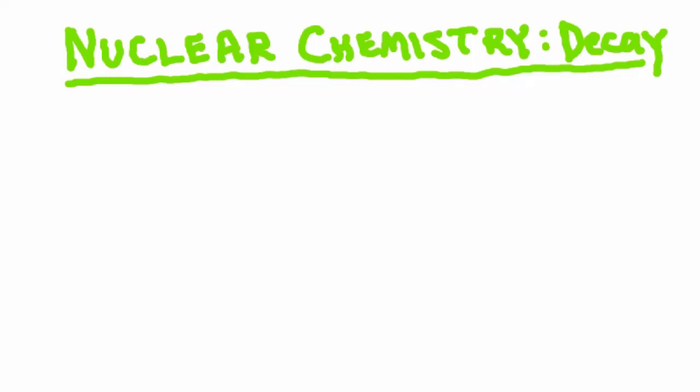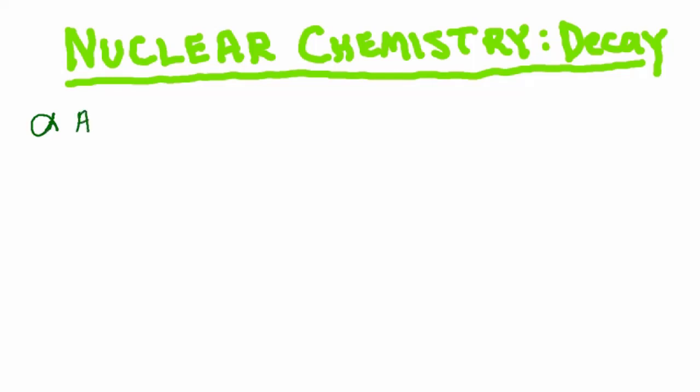You need to know about nuclear chemistry, just a little bit about nuclear chemistry and decay. So first we have alpha decay, and the alpha symbol looks like this. It's kind of like a little cursive A or like a really flat fish.